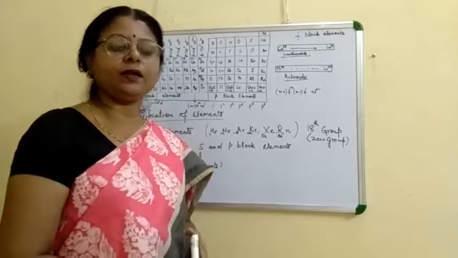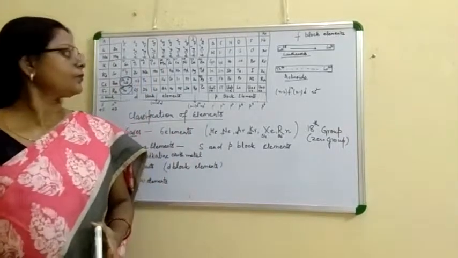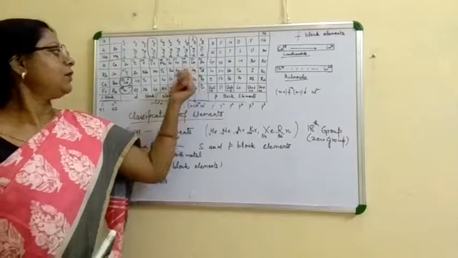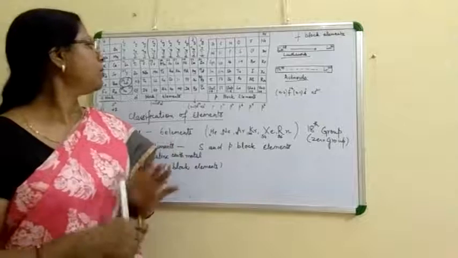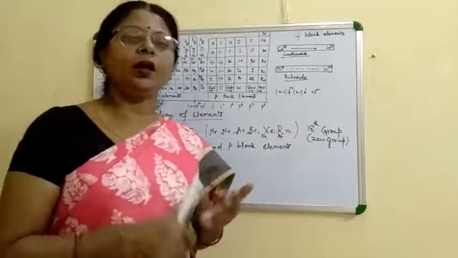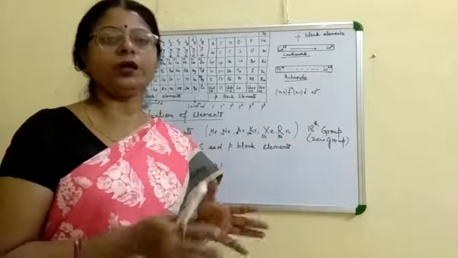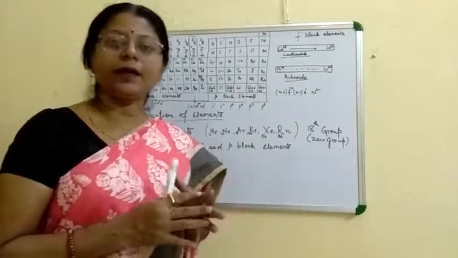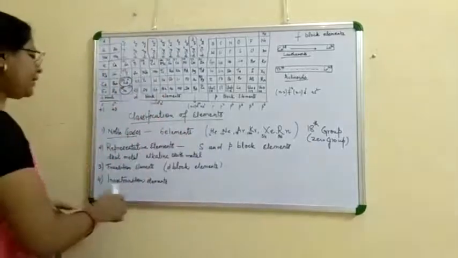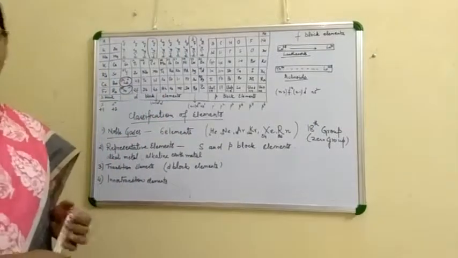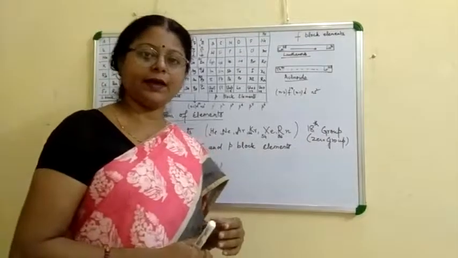Most of these metals form alloys, as silver, palladium, platinum, gold, copper, iron, nickel are all present in the transition series and are used to form alloys. Next, the f block elements, which are also known as inner transition elements, contain two series, lanthanide series and actinide series.